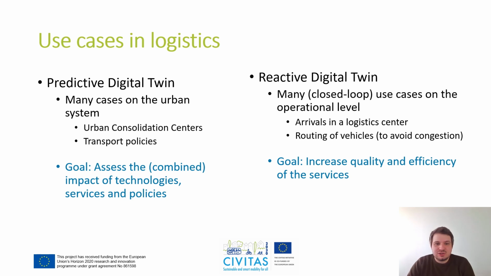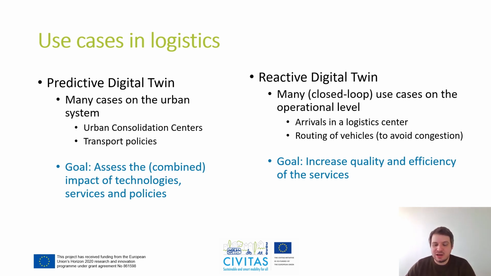So in logistics, we also can have predictive digital twins and reactive digital twins. For the predictive case, we have many use cases on the whole urban system that we look at in the LEAD project and in these digital twins for urban logistics in general.